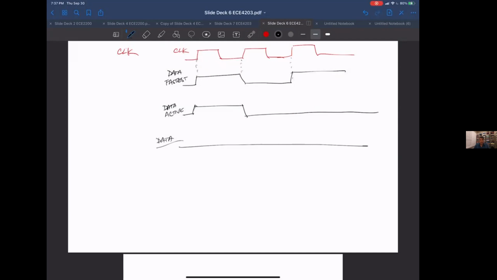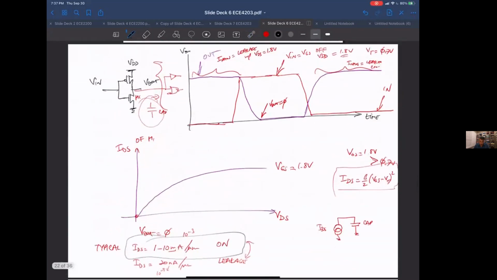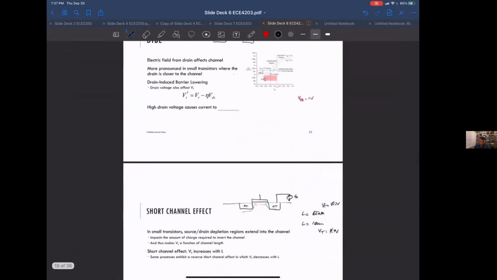That's correct. So Tunji is asking, is this due to the nanometer process? And it is correct. As the technologies have gotten smaller and smaller, this leakage current has gone higher and higher, for a variety of reasons. For one of them, we just saw drain-induced barrier lowering.